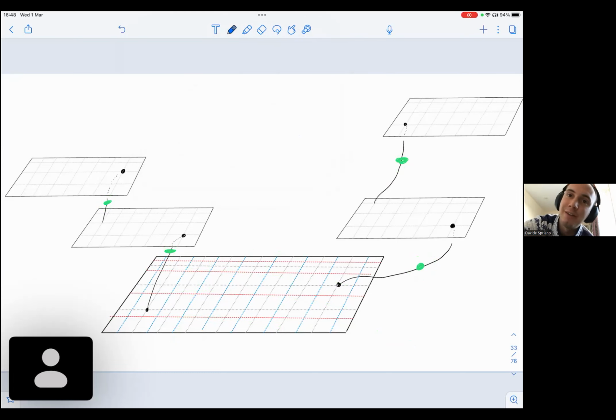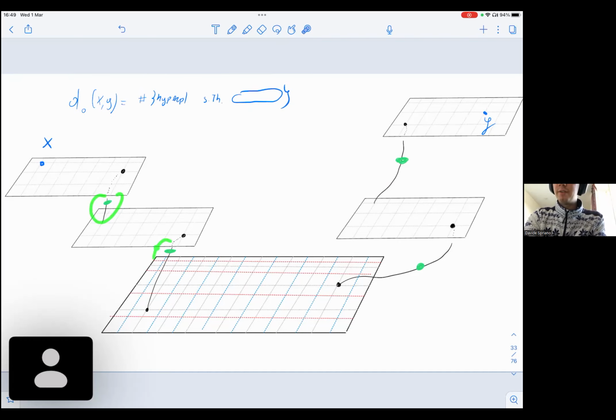So now let's say that I have a point X here and a point Y here. I want to define a distance, I will call it D0 for some reason, between X and Y. This is going to count some hyperplanes such that, and this is what we need to fill in, hopefully this number is going to be comparable to 1, 2, 3, 4.